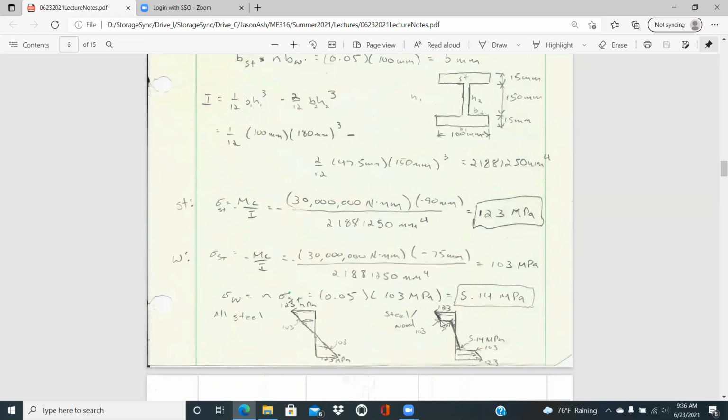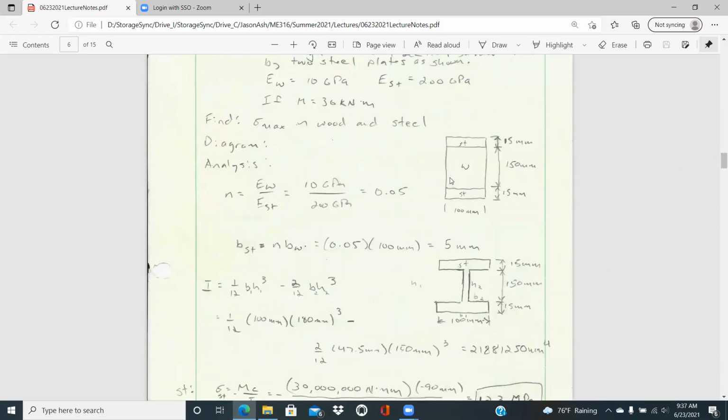And then it drops down to 5.14 megapascals since it transitions to wood, and the wood is carrying much less of the stress in that range. And then it goes in a linear fashion, 0 at the center and 5.14 again once it reaches the bottom of the web.